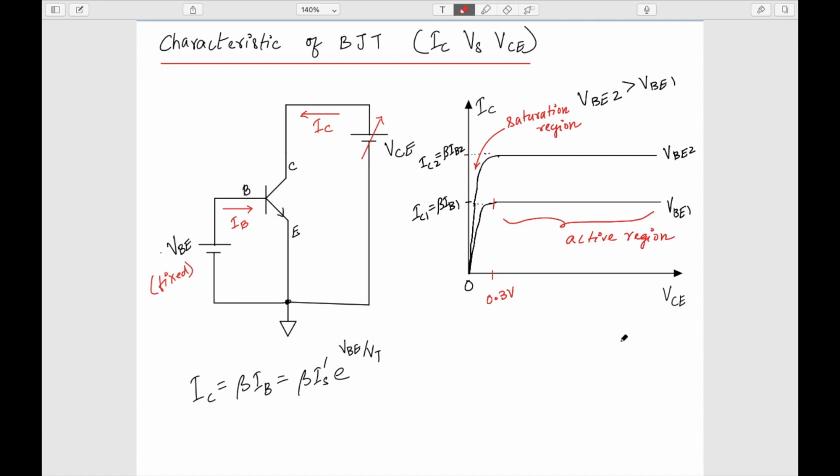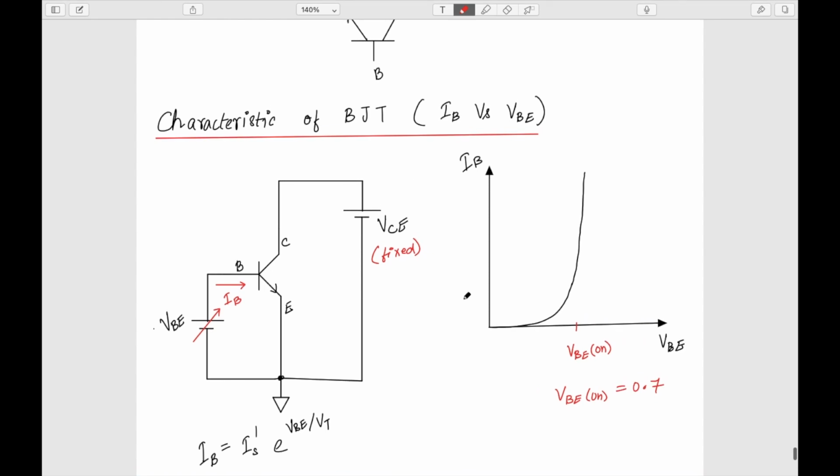If you see in the previous curve, IB was very small when VBE was a very small voltage, and suddenly at some point it increased. When VBE is less than maybe 0.6 volt, my IB is approximately equal to 0, and this region is called the cutoff region.